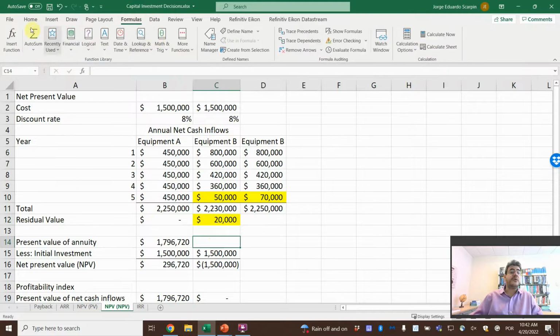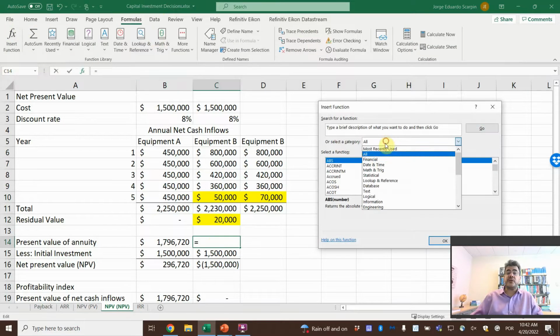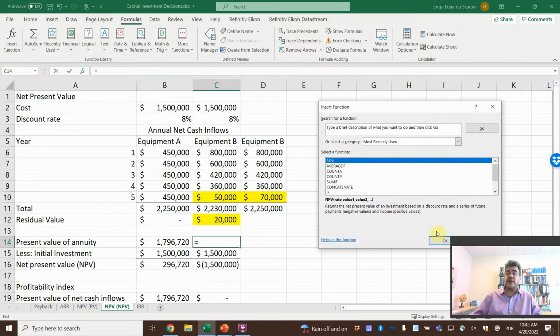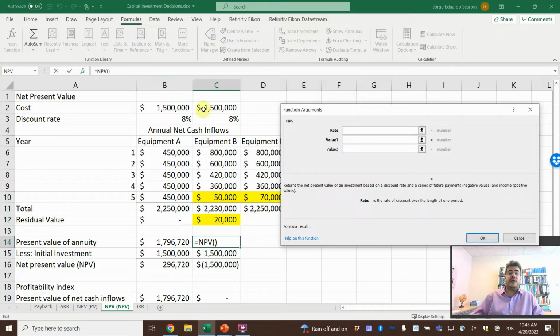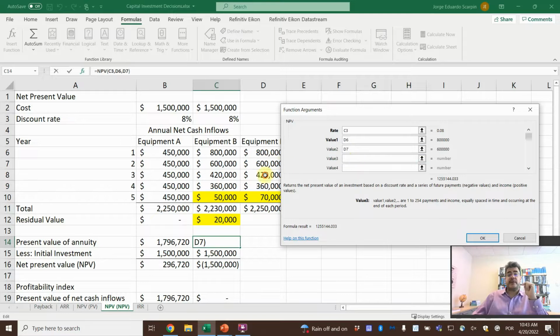So formulas, insert function. Now, most recently used, the NPV will be here. Rate 8. Now the values, we can go in two different ways. So first 8, and then 6, and then 4. Very useful if they are not in one column or one row, so that we can select all of them.